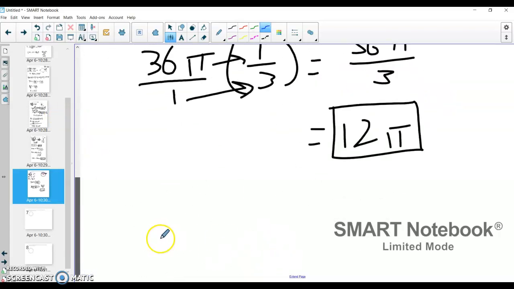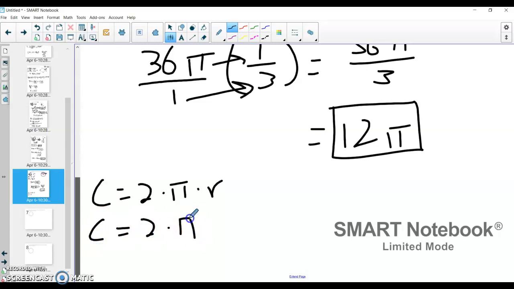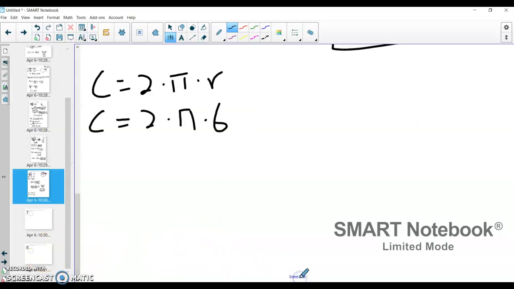And so if we're finding the circumference, circumference equals 2 times pi times radius. I said already that my radius is 6, so circumference equals 2 times pi times 6, which tells me my circumference is going to be 12 pi.